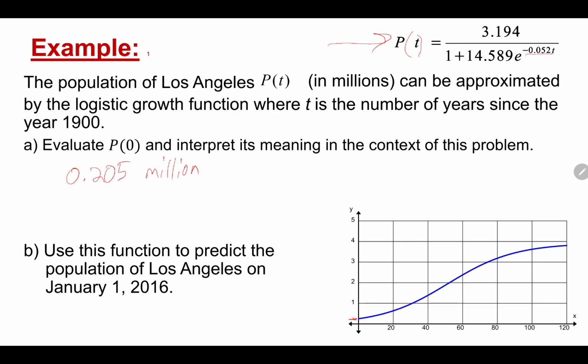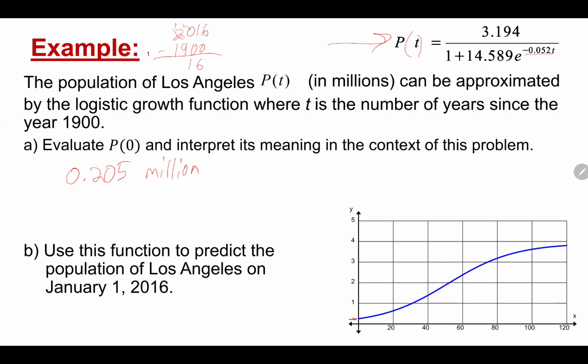We can use this function to predict the population of Los Angeles on January 1st, 2016. So first we need to figure out what that t really is. And the t of that would be 2016 minus 1900. That's going to tell us what the year is. We have to borrow.